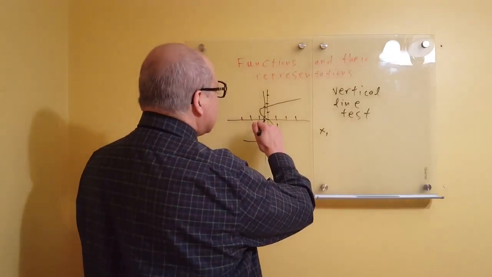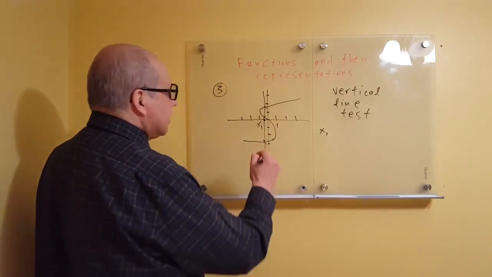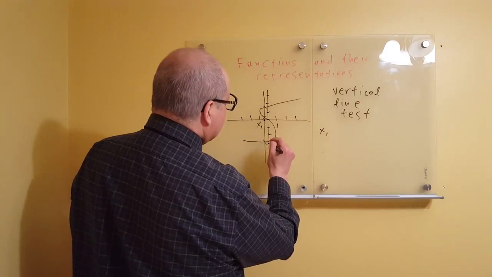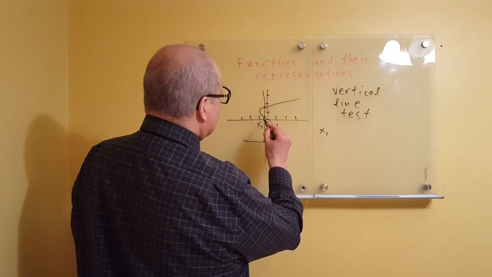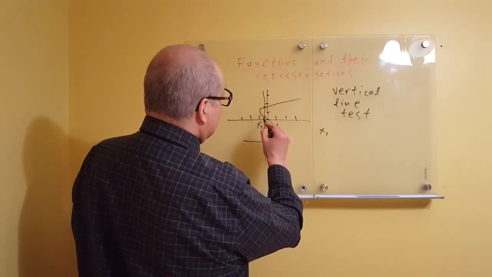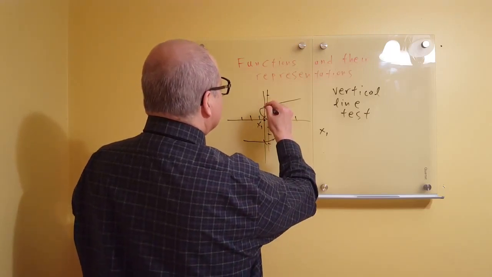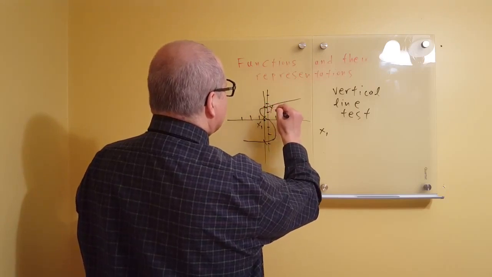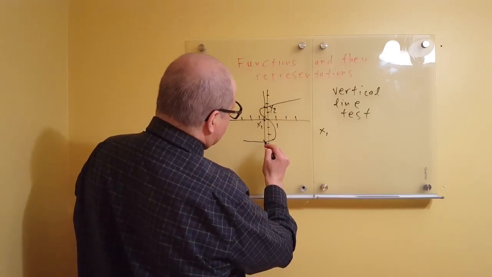This point x1 corresponds to 3 y values. One will be this point here, the other will be this point here, so that's y2, and the other should be somewhere here.